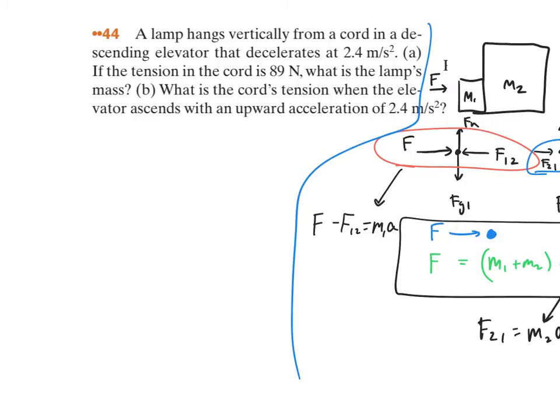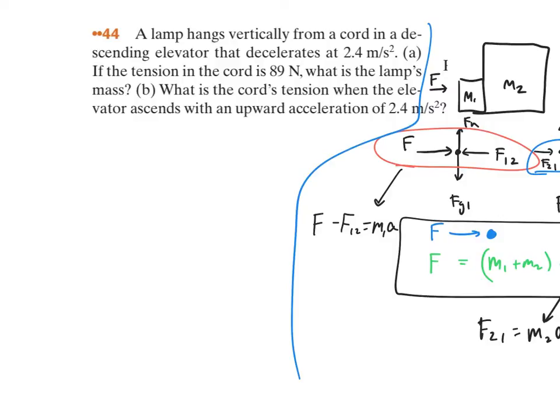Very good. Therefore, which way is the acceleration acting on this body? Upward. The only way it can slow down is if its motion is down and acceleration is up. Remember that concept: the only way you decelerate is if acceleration opposes your motion.